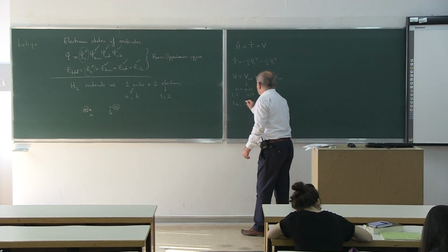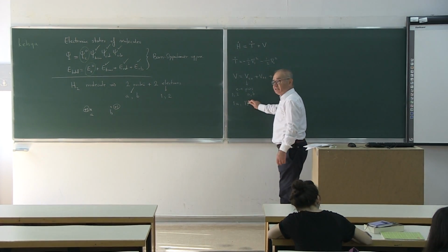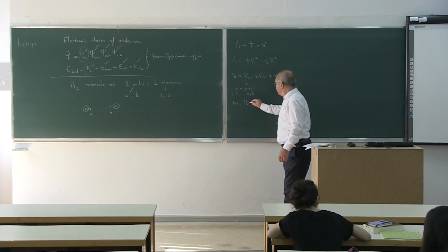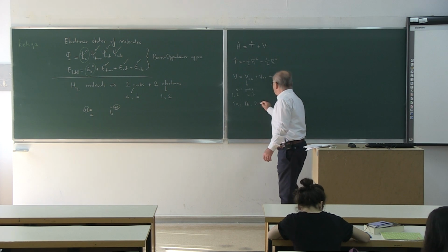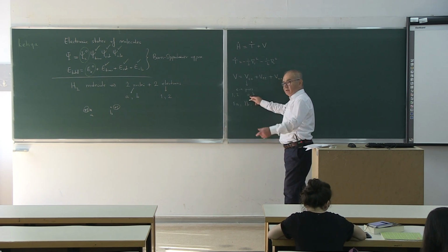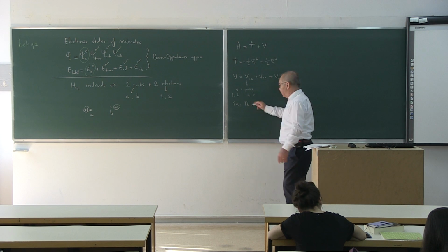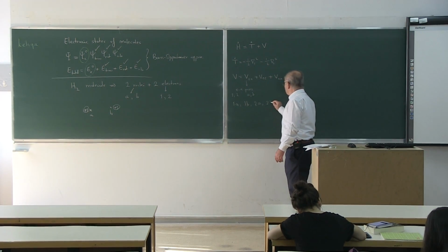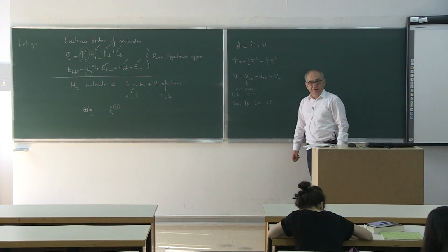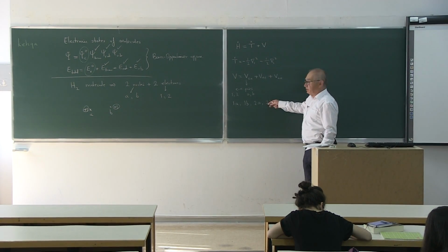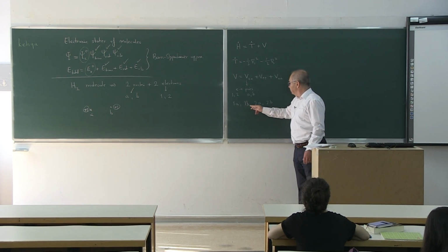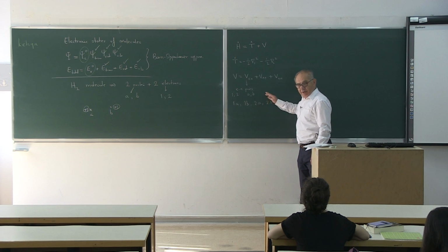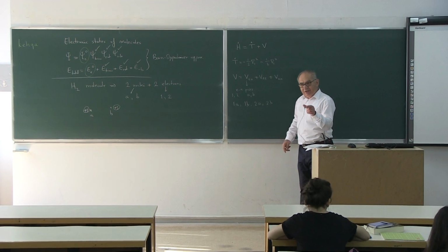The same electron with nucleus B, that's another distinct pair. Then, the second electron with nucleus A, a third distinct pair. And finally, the second electron with nucleus B is another electron-nucleus pair. So there are 1, 2, 3, 4 electron-nucleus pairs. These are all attractive type.